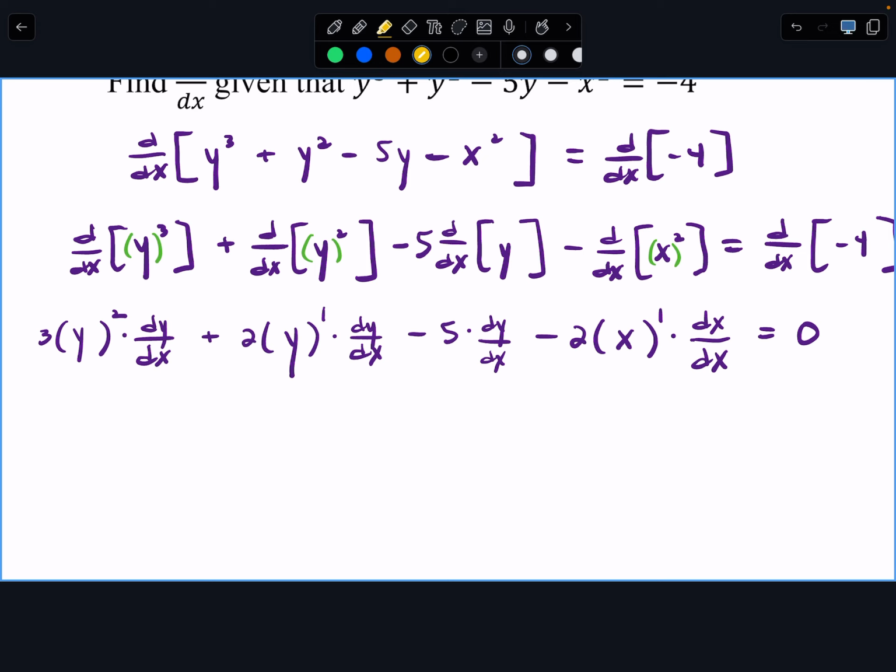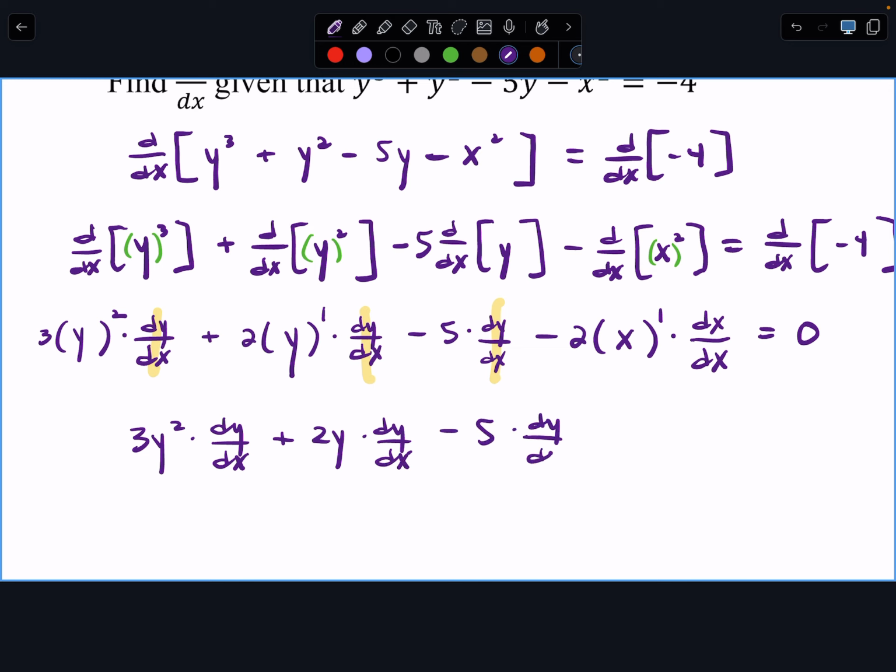So our next step is going to be to get all the terms that have dy over dx on one side of the equation and the other terms on the other side. So we'll have 3y squared times dy over dx. And I realize some of you could do fewer algebra steps. Do what you're comfortable with. Plus 2y times dy over dx. Minus 5 times dy over dx. And then I can add 2x to each side. Remember, this cancels, that's just 1. So I can add 2x to each side.